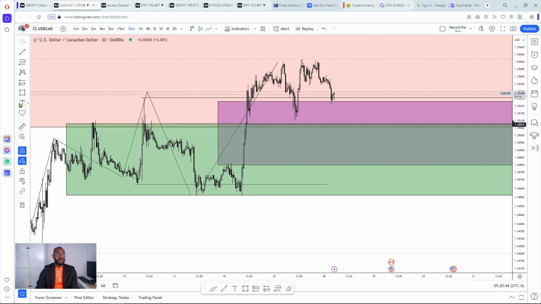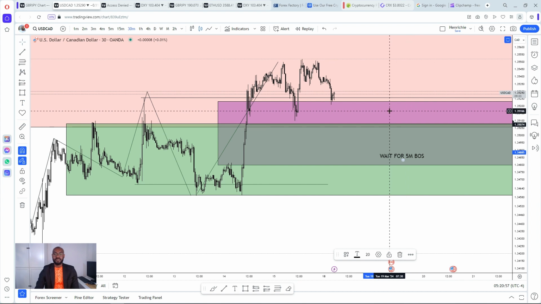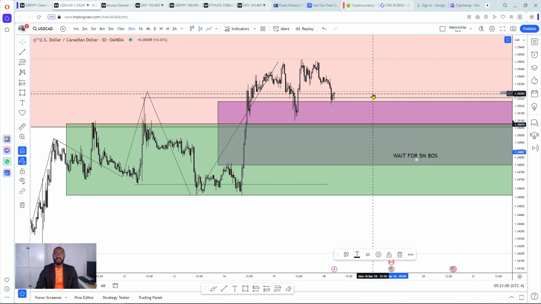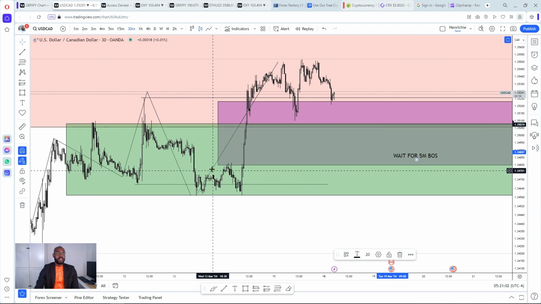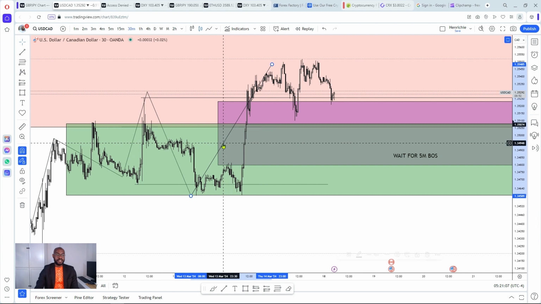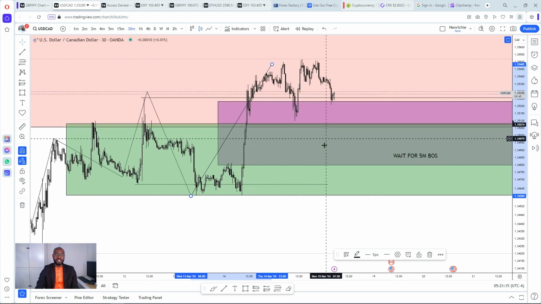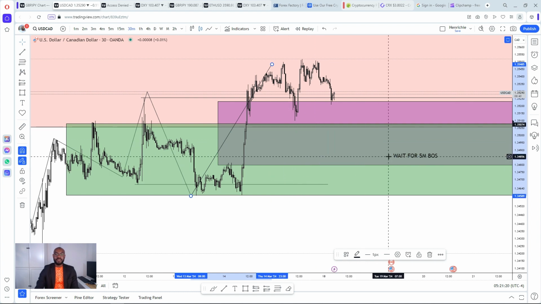So once we see price coming to our key level, all we want to see is a 5-minute shift in market structure. So this is what I'm going to be waiting to see in the marketplace for the new week, and potentially if I do see price coming to this inefficiency, mitigating the bodies of the candle, being this overall high and the overall low, I'll be looking for a 5-minute shift in market structure.